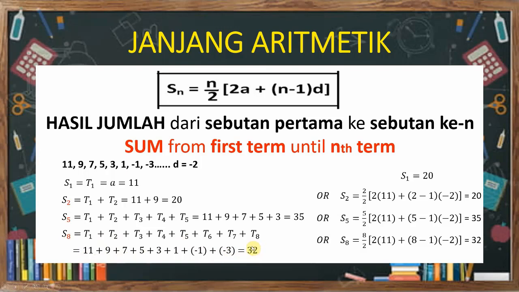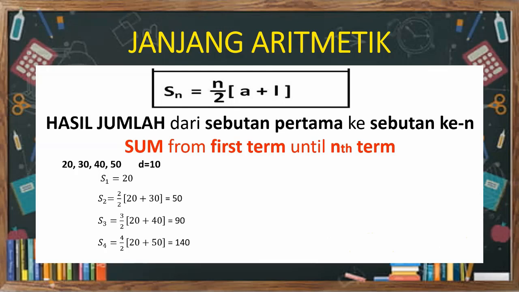And how about those with higher n, for example S50, S100, as I said? What you do is use the formula, S8 is n over 2 times (2a plus (n minus 1)d), and it will give the same answer as listing out.